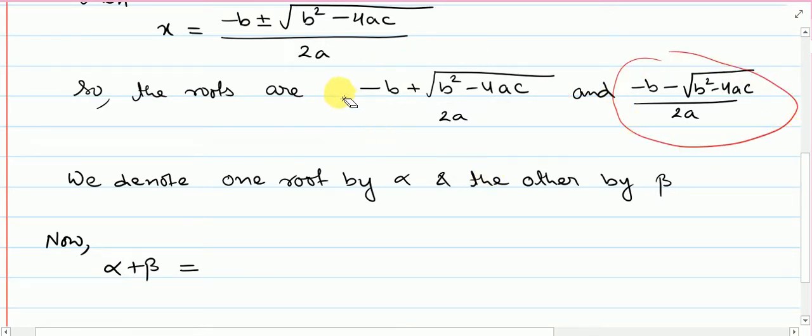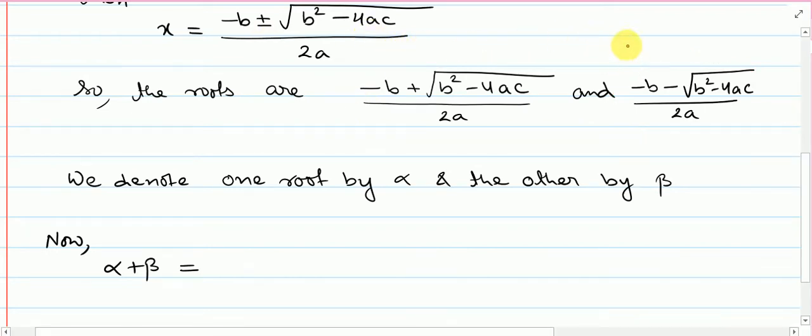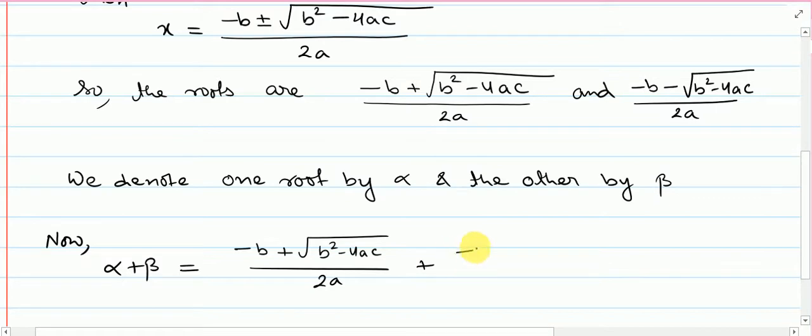So when I take this sum, so let me take this sum. So here minus b plus under root b square minus 4ac by 2a plus minus b minus under root b square minus 4ac by 2a.